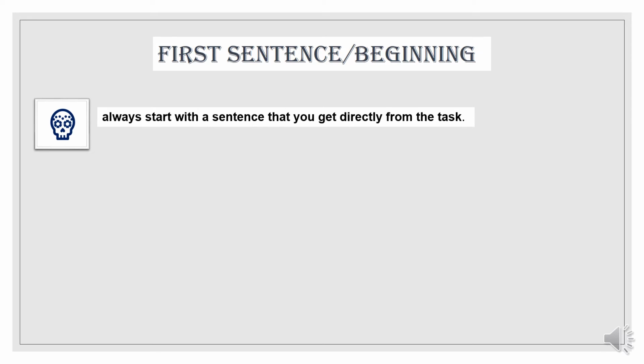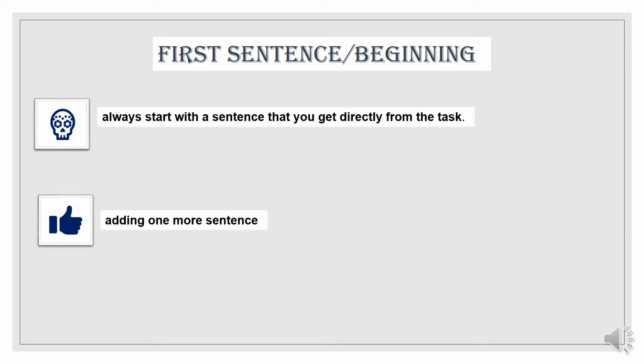As I said above, in a PET story, you always have to start with a sentence that you directly get from the task. Don't change the sentence in any way, but simply copy it onto your answer sheet and begin your story from there. I recommend adding one more sentence to complete the beginning of your story.